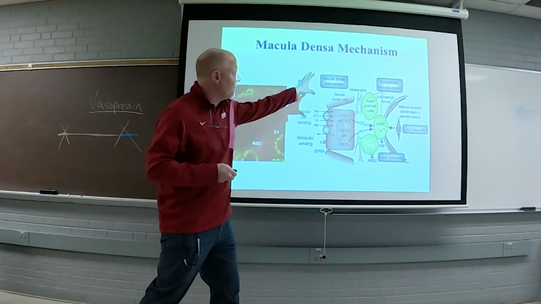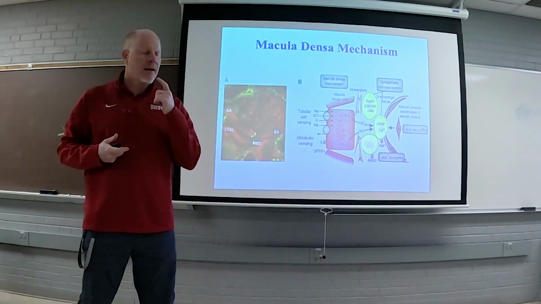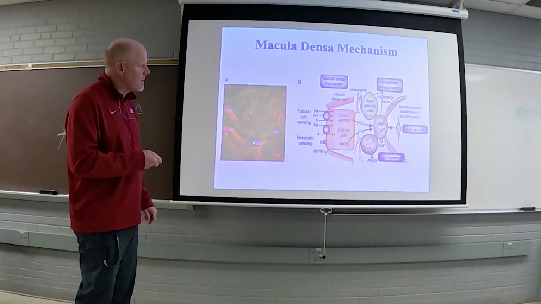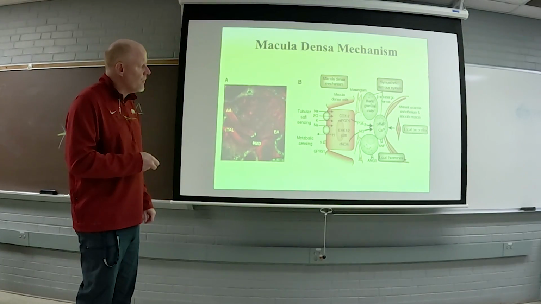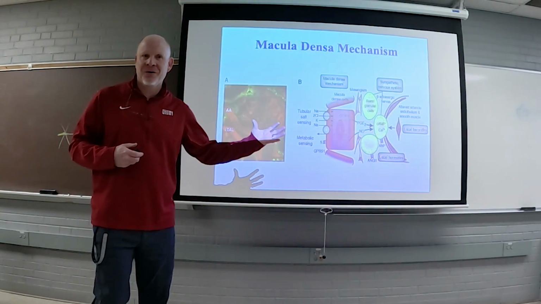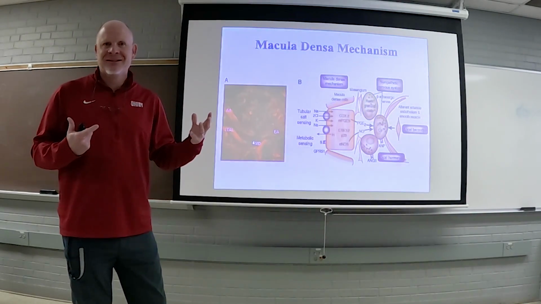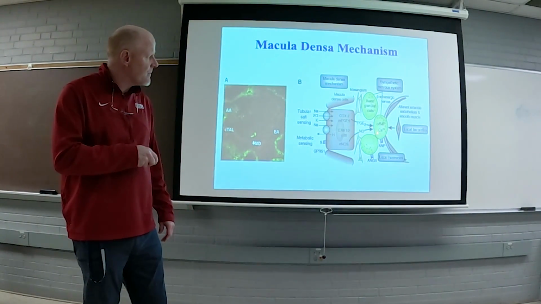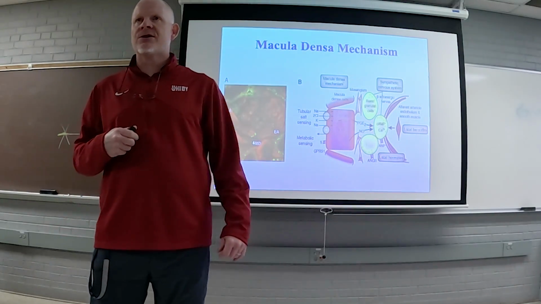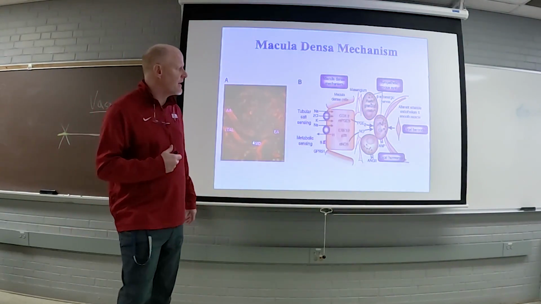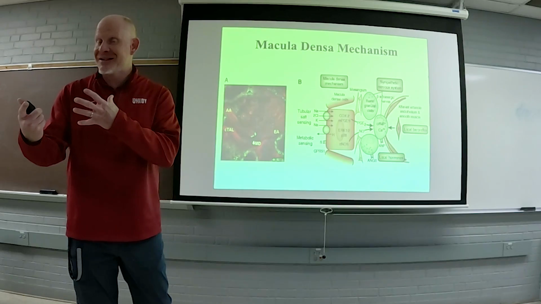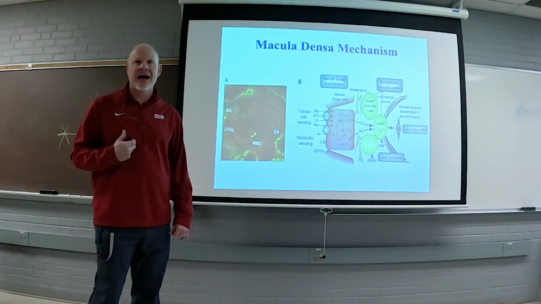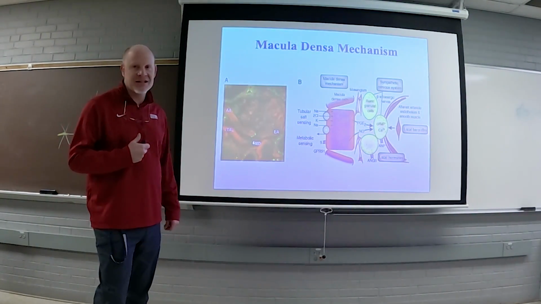Okay? Now don't worry, we're not going to learn everything on it. Okay? But that's kind of what we talked about before. The way they do it is by increasing calcium. Ooh, wow, that's real surprising, right? They cause calcium channels to open. And those calcium channels are going to allow calcium into these cells, and that's going to cause the release of renin, right, by lighting up the vesicles that are holding it.